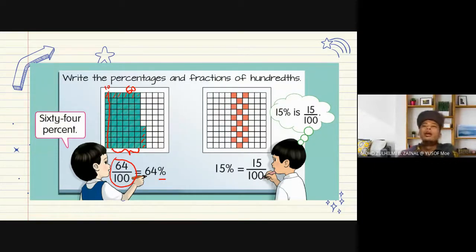Yang ni a bit tricky. Kalau soalan macam ni, kamu tengok dia bagi some kind of pattern macam ni. This kind you have to use your creativity how to count. Kamu boleh tengok dia ada multiple of 3, and then group it as 3, then you have another 3, then finally you have another 3.